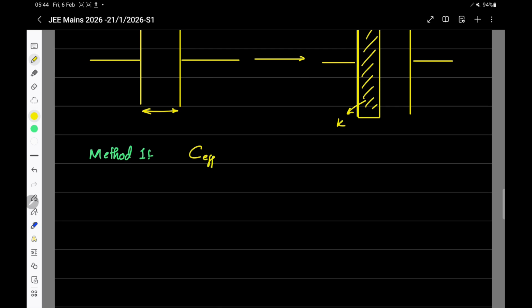The effective capacitance will be epsilon naught A divided by sigma of Di divided by Ki, where Di is the thickness of the ith dielectric and Ki is its dielectric constant. So if we apply the same formula here, up to distance D by 3 we have a dielectric constant K, and for the remaining 2D by 3 we have a dielectric constant of 1.